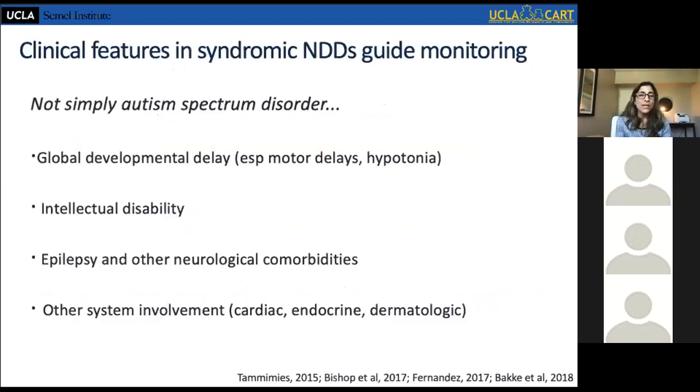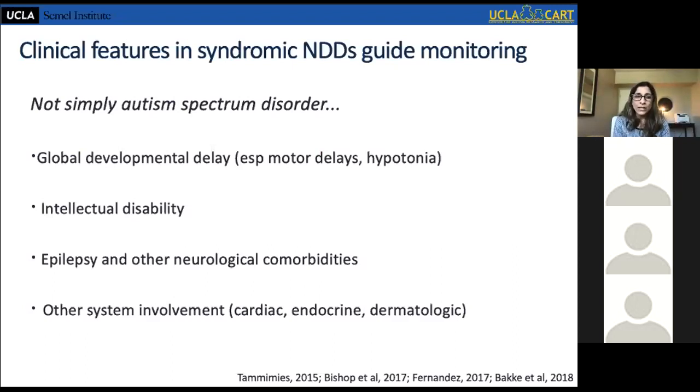I don't have time to go into all the details, but what we know as a whole in patients who have genetic syndromes associated with neurodevelopmental disabilities, what I'm calling syndromic NDDs, is that it's not simply autism. They may undergo genetic testing because of an autism diagnosis, but children or adults who have genetic syndromes are more likely to have autism plus, as we might call it.